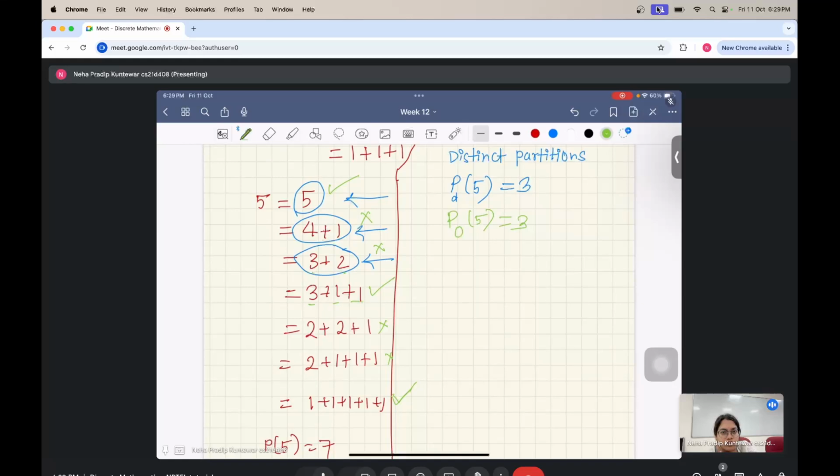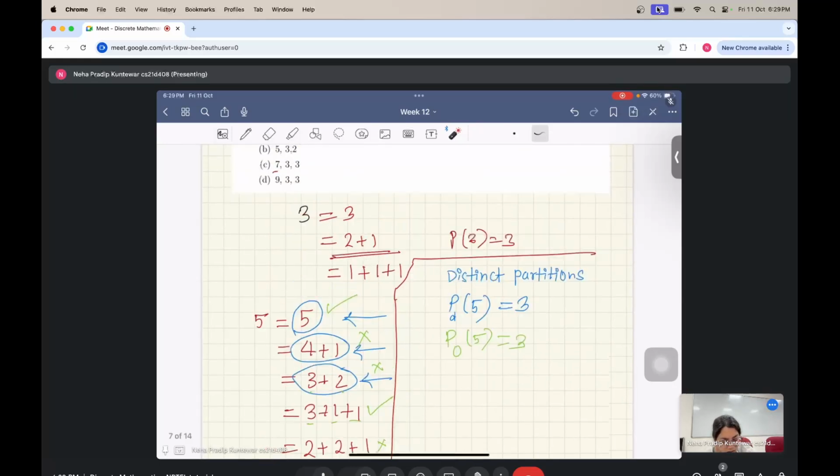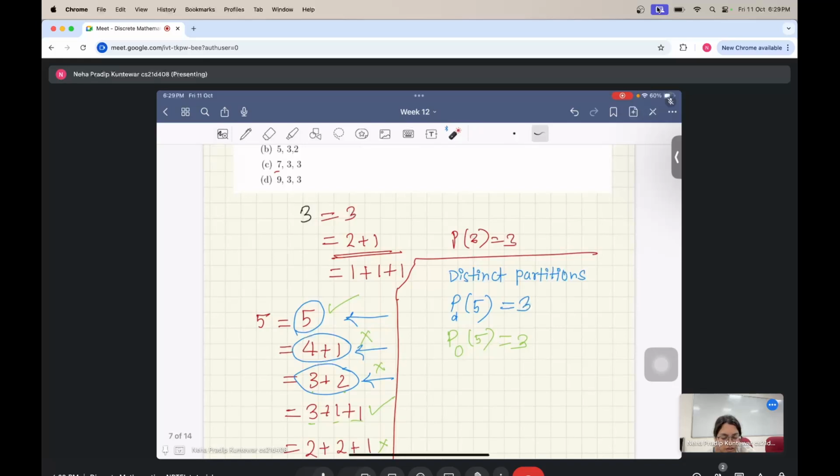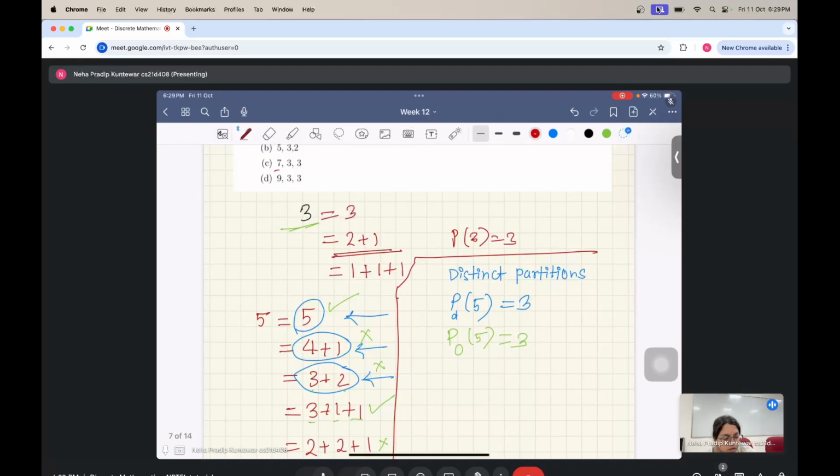Now you can ask whether it is a coincidence that PD of 5 and PO of 5 both match. Similarly, if you try it for 3 and identify the odd partitions, the odd partitions are 3 and 1 plus 1 plus 1, so PO of 3 is 2.